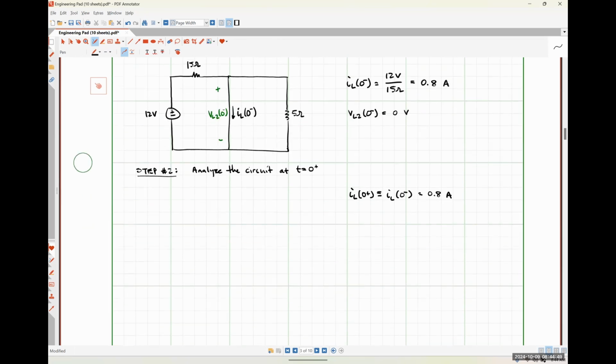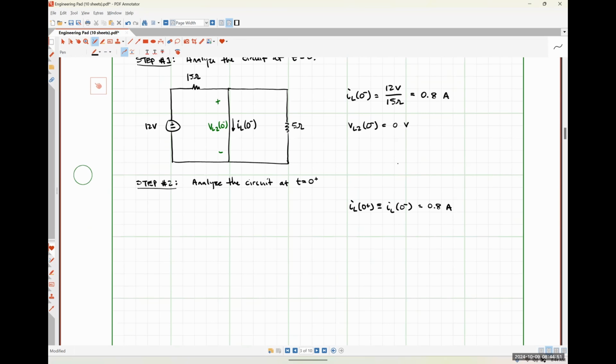Okay. So at this particular point in time, this is what our circuit would look like. We've got our 12-volt source. Here's our 15 ohm resistor. And now our switch looks like an open circuit.